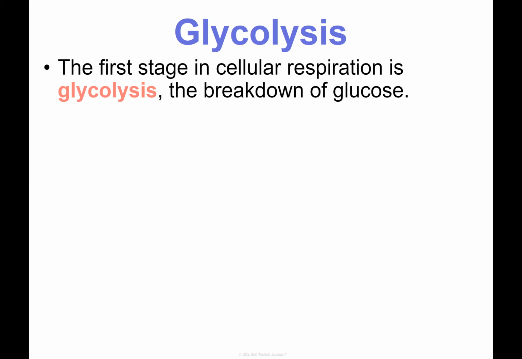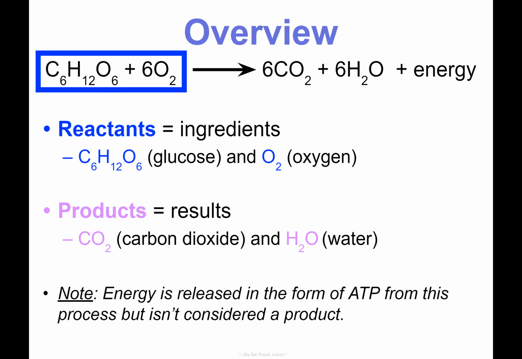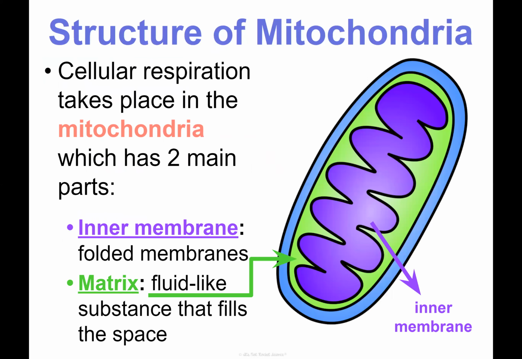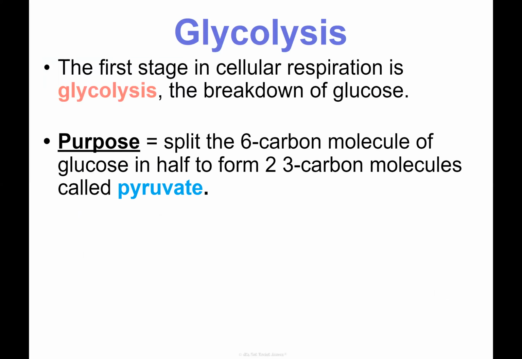And I want to go back and show you. If you're looking, glucose is in that blue box. You will see that glucose is a 6-carbon molecule, okay? So in glycolysis, what we are doing is we are splitting that 6-carbon molecule, and we're going to split it in half so that you get 2 3-carbon molecules.